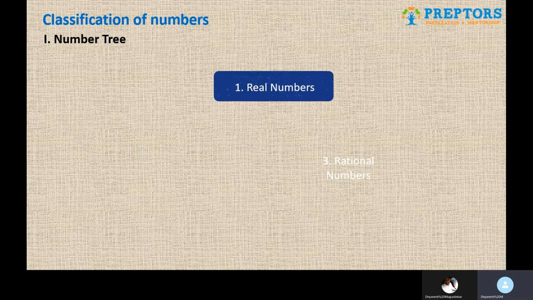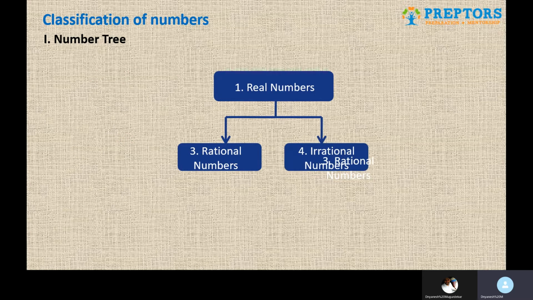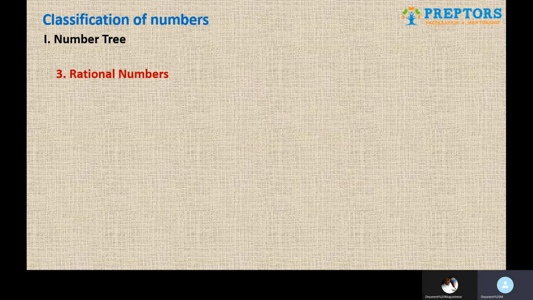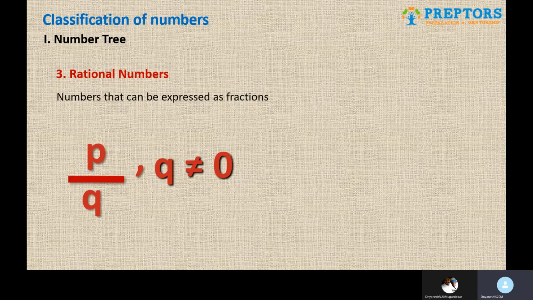Real numbers are further classified into two types. One is rational numbers and one is irrational numbers. Let's see each one of them in detail. Rational numbers are defined in a very simple way: the ones that can be expressed in a fraction format, which is a p by q format, as long as q is not equal to 0, the denominator part should not be equal to 0.